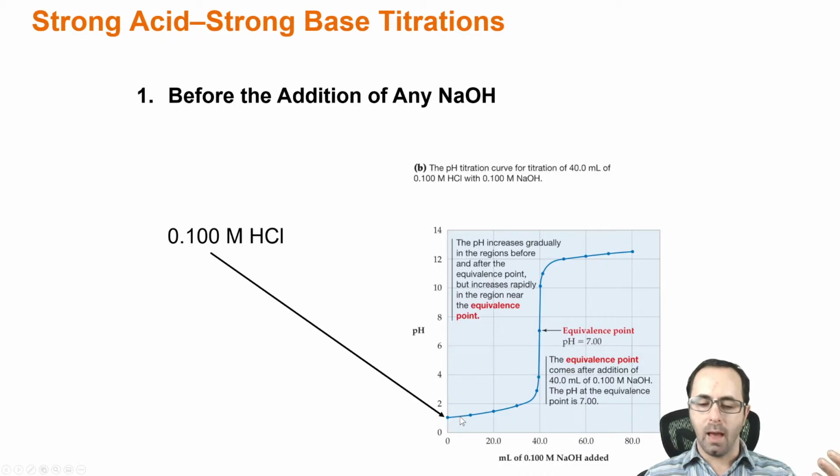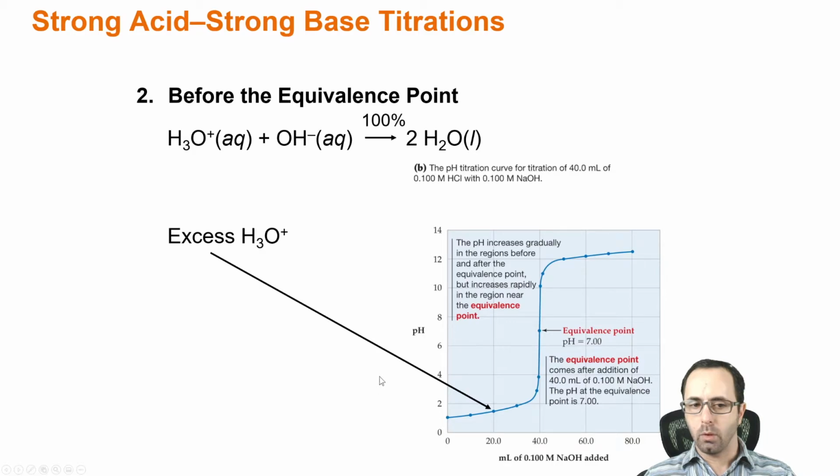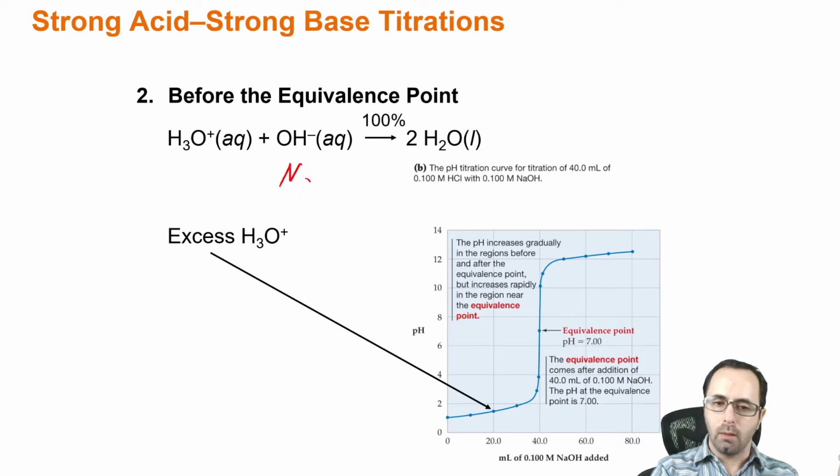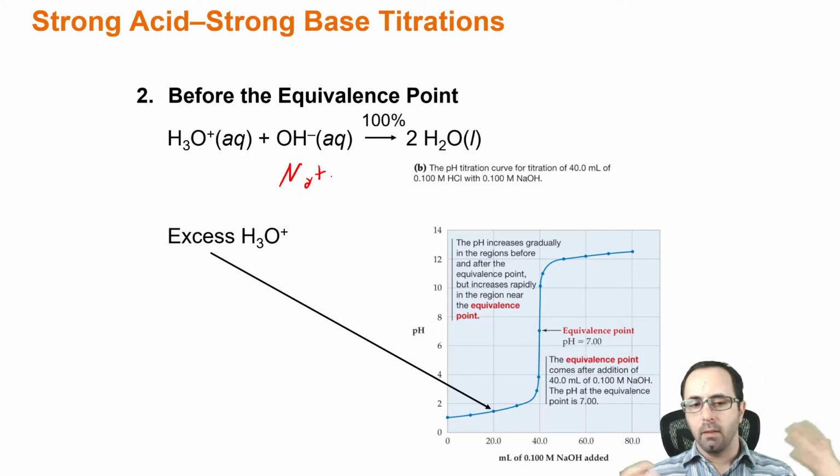Then we begin to add sodium hydroxide. And so now what's going on is hydronium is reacting with hydroxide to make water. We assume 100% reaction. Now you may be asking, what about the sodium in the sodium hydroxide? That is a spectator. It's not reacting, so it's totally appropriate to remove it from the equation.